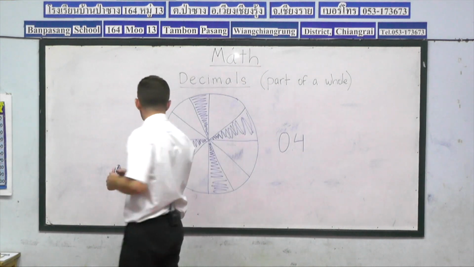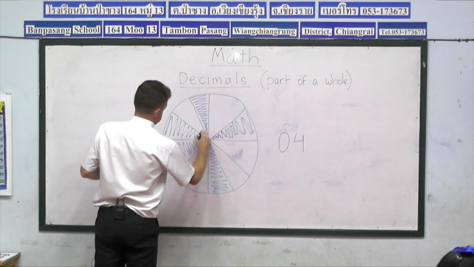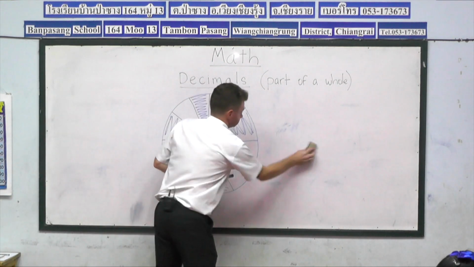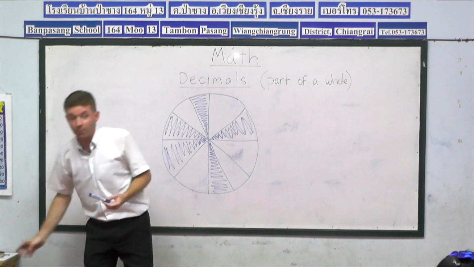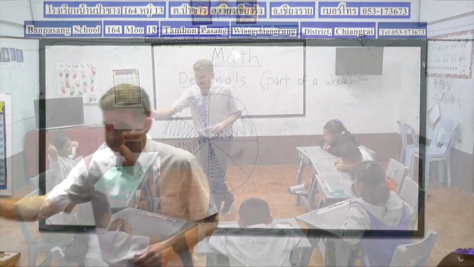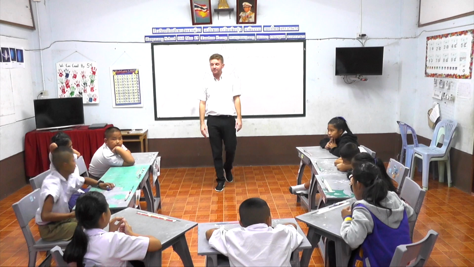Okay, time for one more part to be coloured. But now, it's not 0.4 anymore. Who can tell me what the next decimal is? And I think Pat can tell us. So Pat, come and join me at the front.